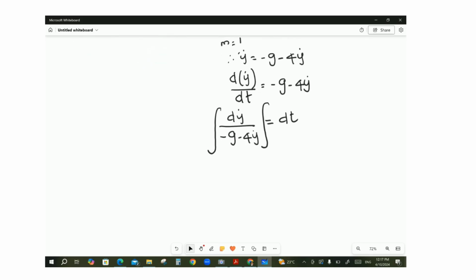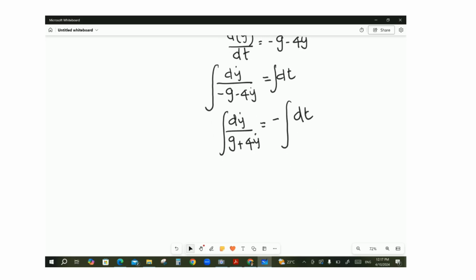This one is dy dot divided by g plus 4 y dot. I multiply both sides by minus, so that is minus dt.